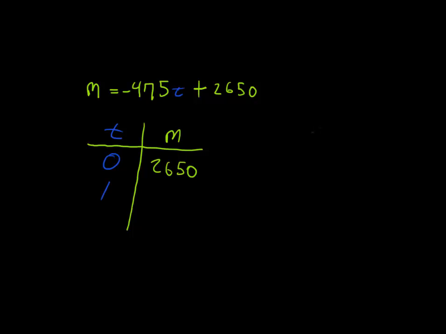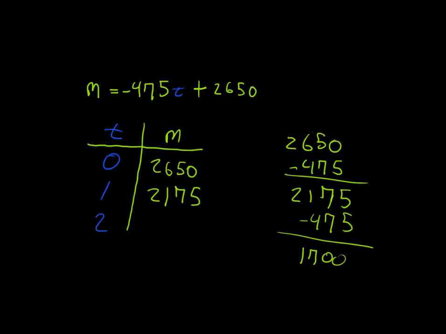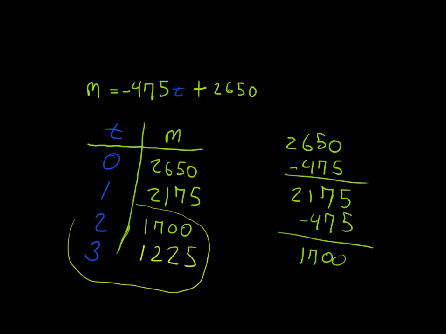At 1 time, which is measured in hours, the equation returns 2,650 minus 475 miles, which turns out to be 2175. At 2 hours, the equation returns 1,700 miles. And at 3 hours, 1,225, which means 1,500 miles will be somewhere between 2 and 3 hours.